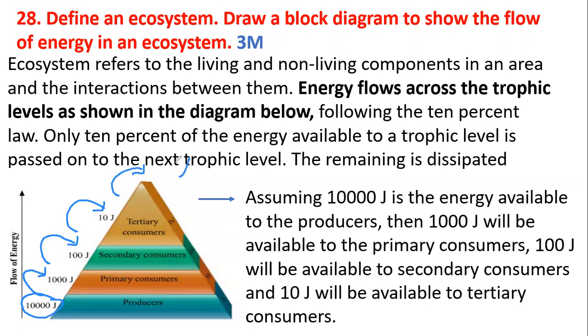That's why there is no existence of trophic levels more than 3 or 4. Okay, this is the answer. Remember that instead of these values, you can take any other values also. If you are okay, you can explain it that way also. Okay, next we'll go to another question.